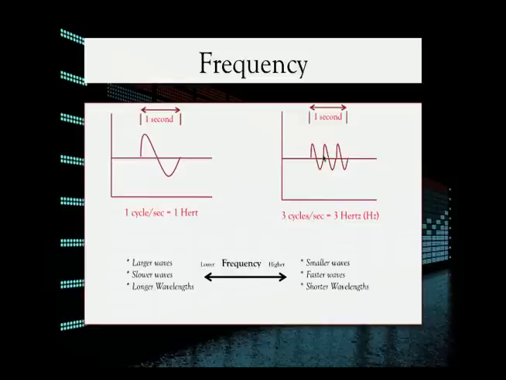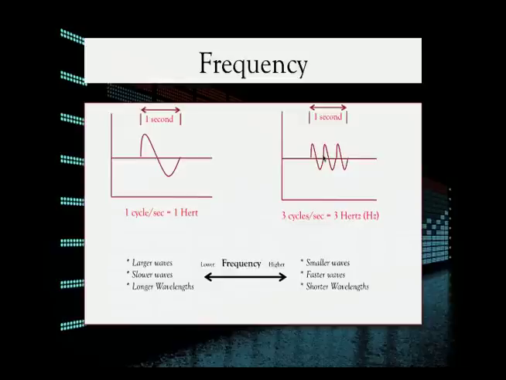So if you look at lower frequencies, which would be the chart on the left, you could say that lower frequencies have larger waves. You see that's a pretty big cycle, so that's a much larger wave. They have slower waves, because if you compare the chart on the left to the chart on the right, in 1 second, the chart on the right has 3 of those cycles.